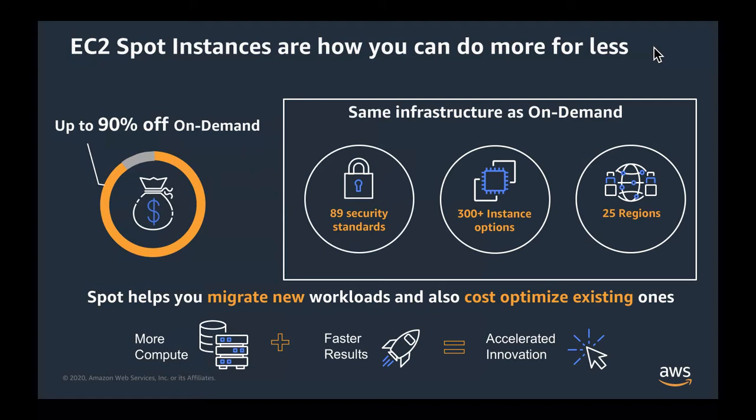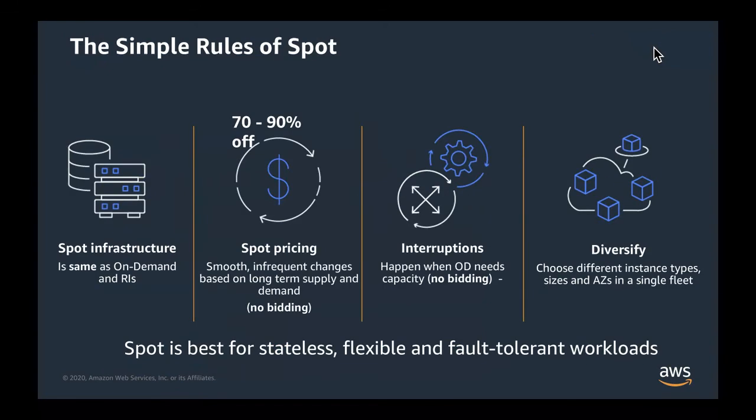So we'll talk about some of the key principles of Spot instances and how it works for big data workloads. So the simple rules of Spot, we already talked about Spot infrastructure being the same as on-demand and RIs. So there's no difference there. And we get this 70 to 90% off discounts, and there is no commitment.